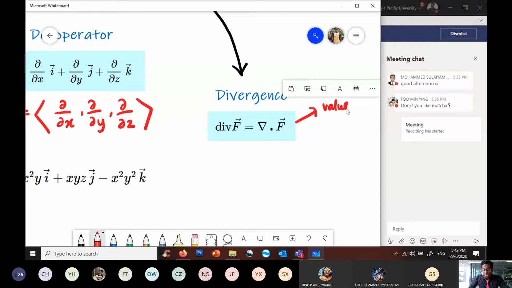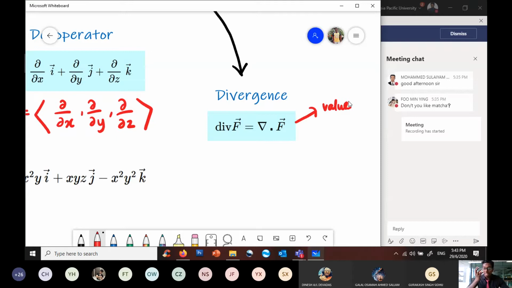So if curl was the tendency for a particle to rotate, divergence is the tendency of the particle to diverge away. Imagine you have a bunch of particles concentrated at one place. The divergence is the tendency of the particles to diverge from that point, moving out. So you can say that the divergence tells you something about compressibility. Can you compress the particles together? Can they be expanded?